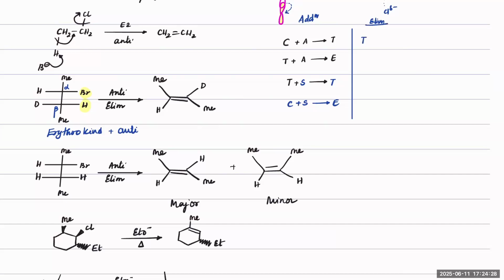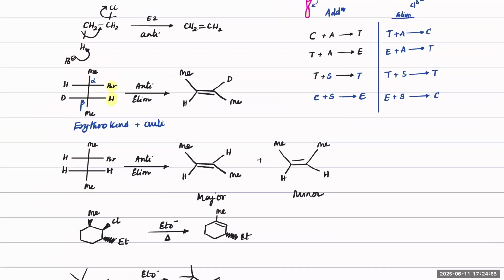That is, threo performing an anti should give you cis. Erythro performing an anti should give you trans. And threo performing a syn elimination should give you trans. Erythro performing a syn elimination will give you cis.